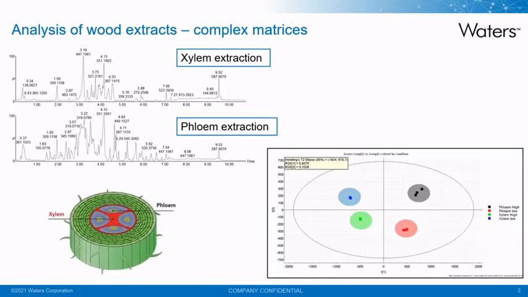So let's look at a couple of examples here. Here we have a couple of chromatograms from some extracted wood samples, specifically from xylem and phloem, and you can see from these chromatograms how complex they are and how many analytes you are detecting within each of these runs.